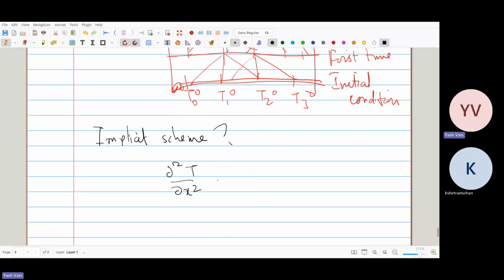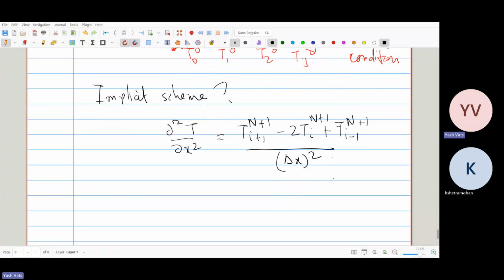If I want to make it implicit, then I write it like this: T_{i+1}^{n+1} minus 2 T_i^{n+1} plus T_{i-1}^{n+1}. So I write n plus 1 over everything, because I want to calculate at n plus 1 and i.